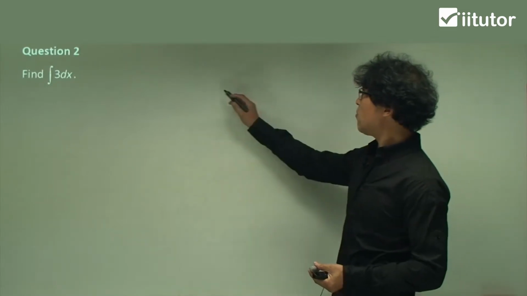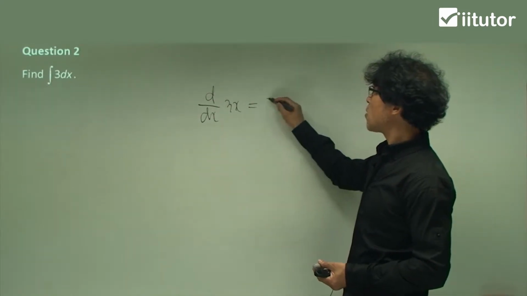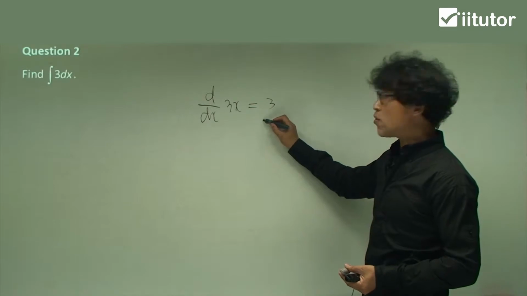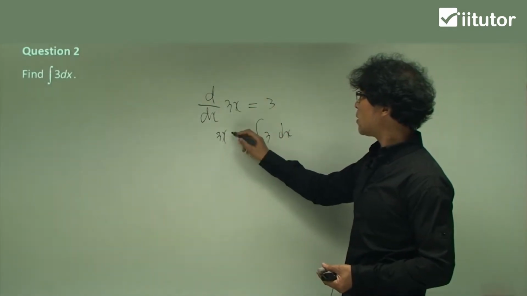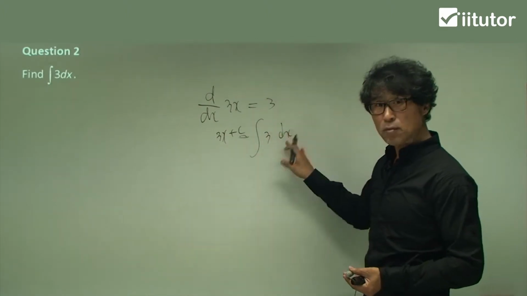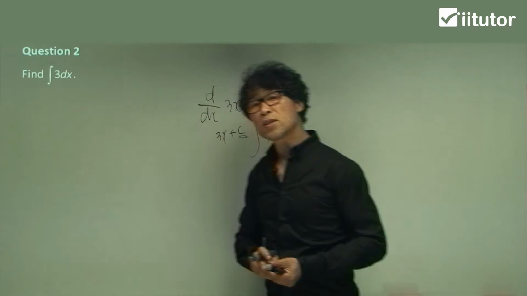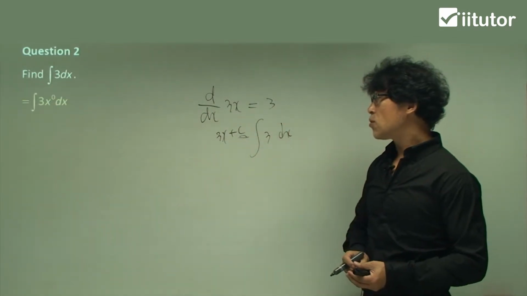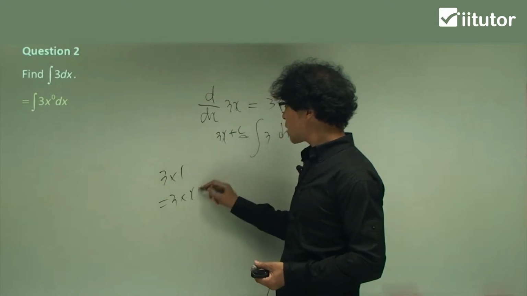Integrate 3. In this case, you may consider, if you differentiate 3x, that will be 3. Therefore, if you integrate 3, that will be 3x, and then plus c. That's what I'd like you to do. Alternatively, if you integrate 3, you can consider 3 times 1, which is 3 times x to the 0.